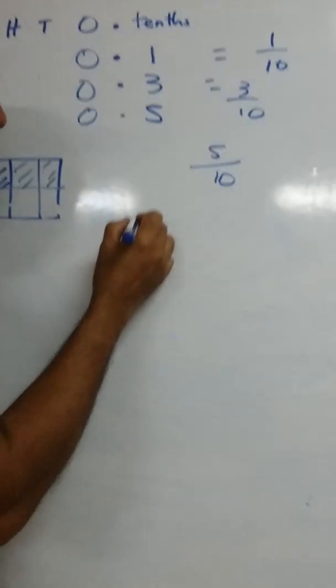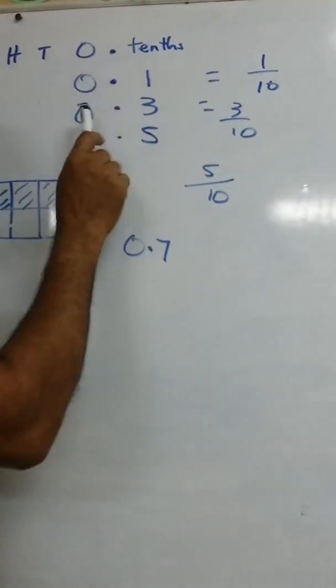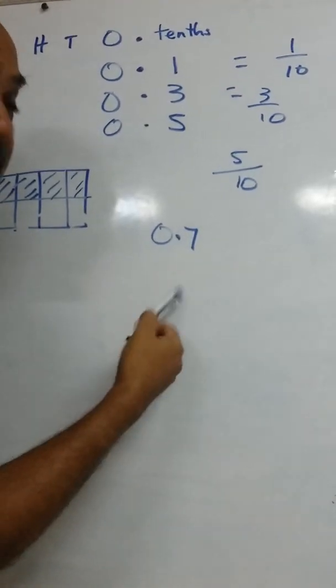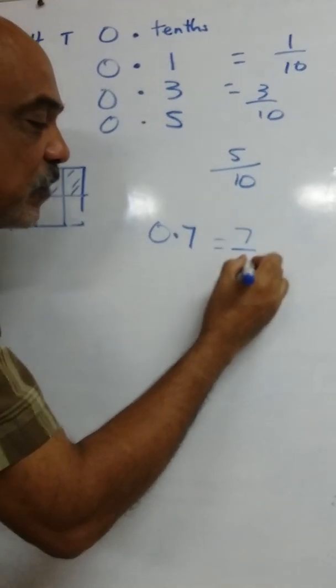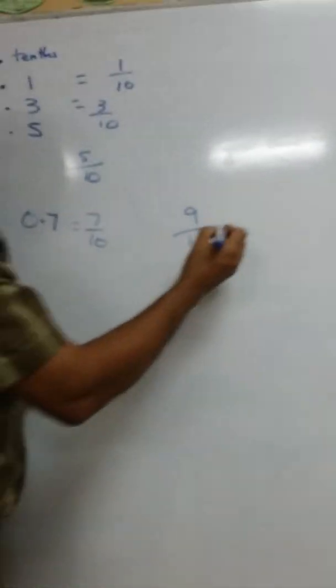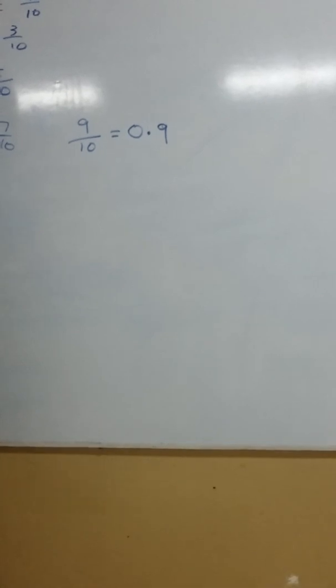So then, how would I write 0.7? Well, if 0.1 is 1/10, and 0.3 is 3/10, and 0.5 is 5/10, then 0.7 is simply 7/10. And how do I write 9/10 as a decimal? Well, 9/10 would be simply 0 wholes and 0.9.